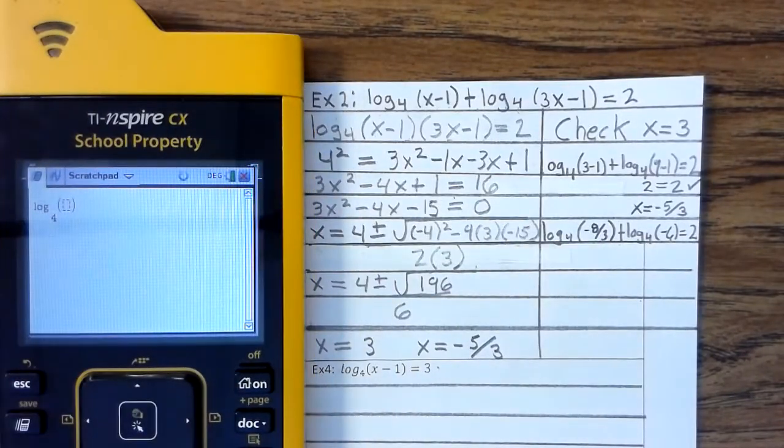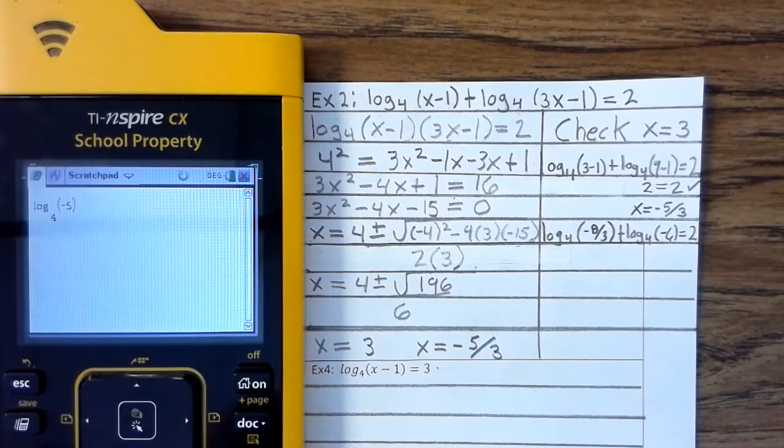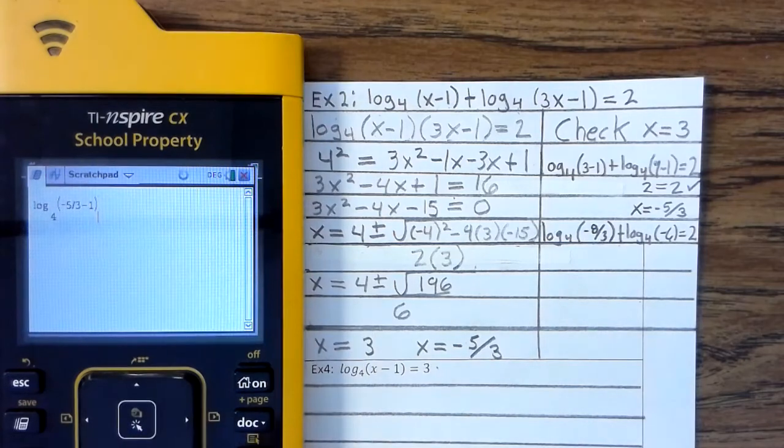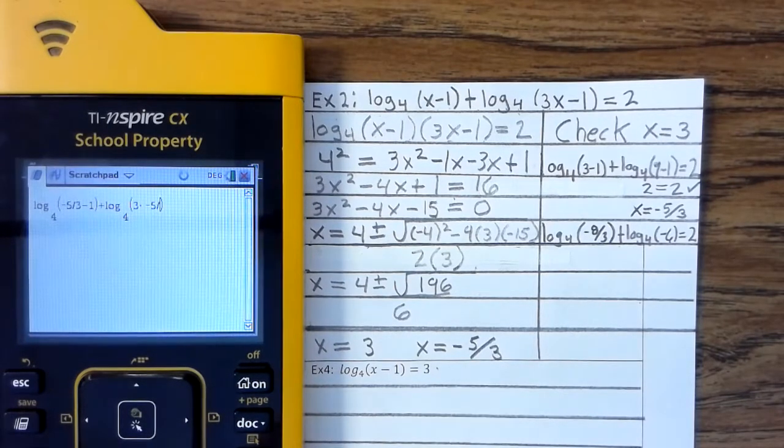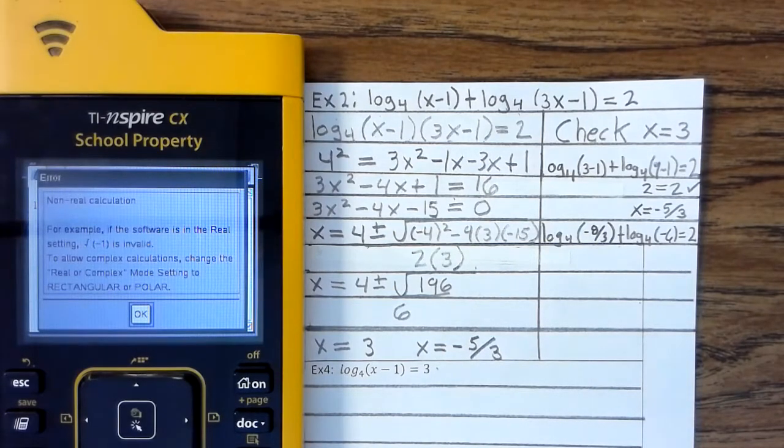There we go. Log base 4 of negative 5 divided by 3 minus 1, plus log base 4 of 3 times negative 5 divided by 3 minus 1. You get a non-real calculation.